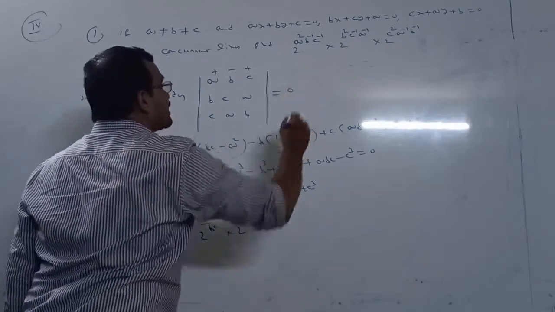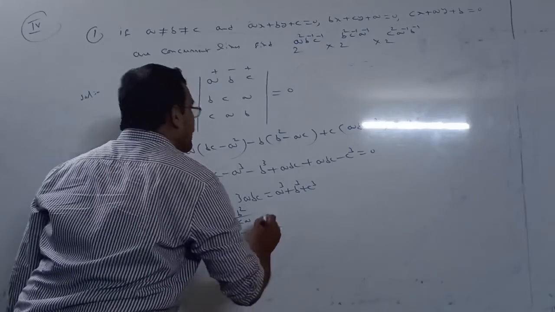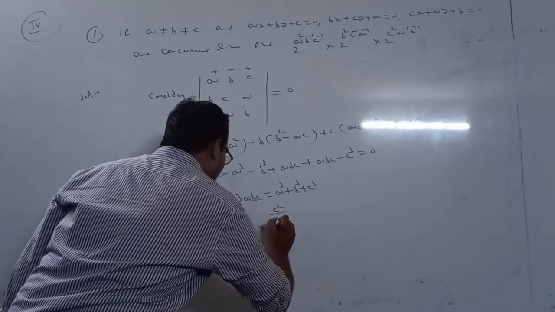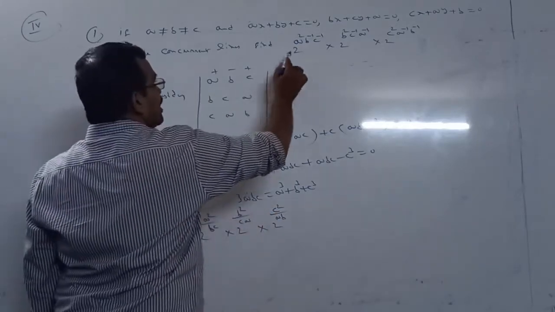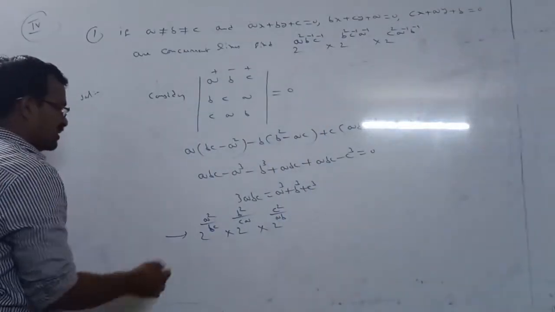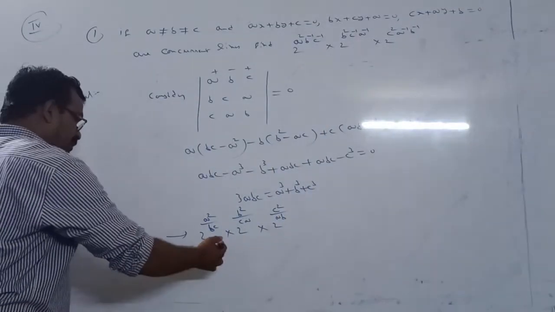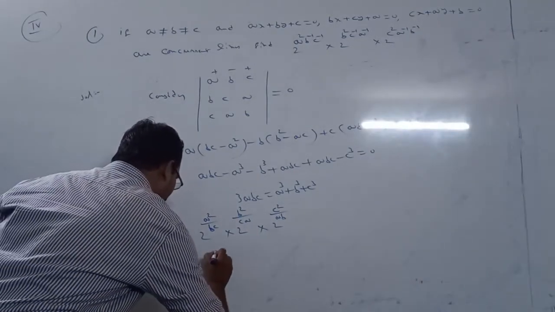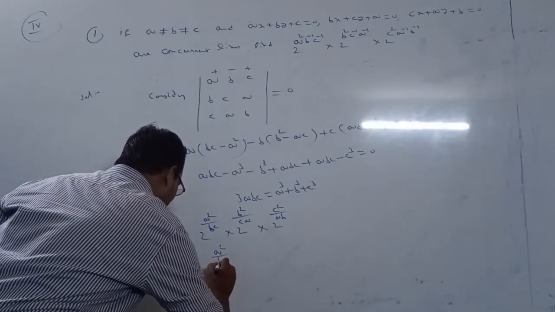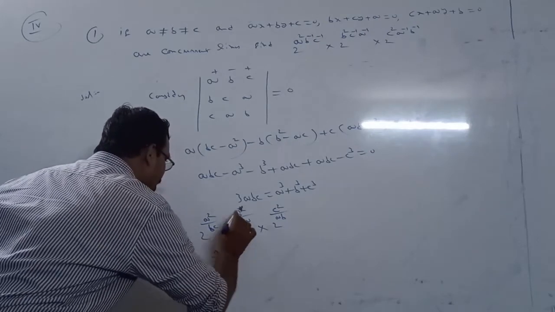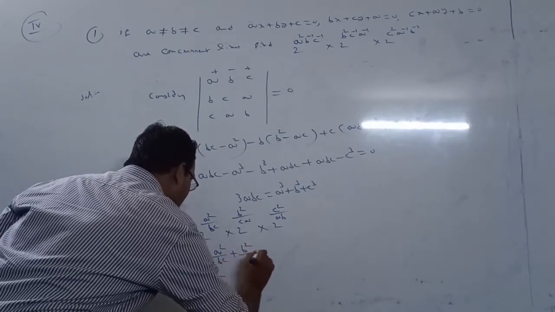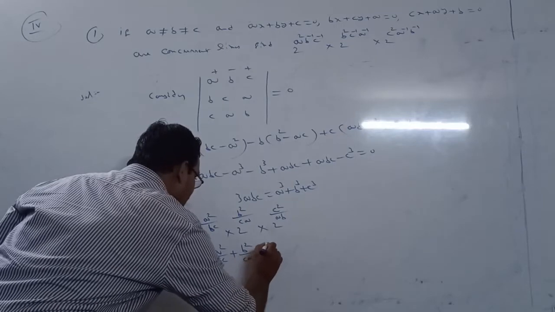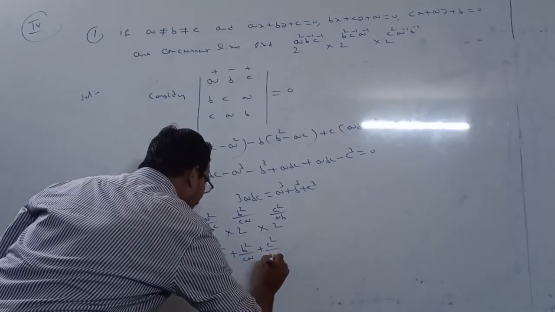The third one is 2 power c square by ab. So I simplify the given statement this way. After that, bases are equal, add the powers. That means 2 to the power of a square by bc plus b square by ca plus c square by ab.